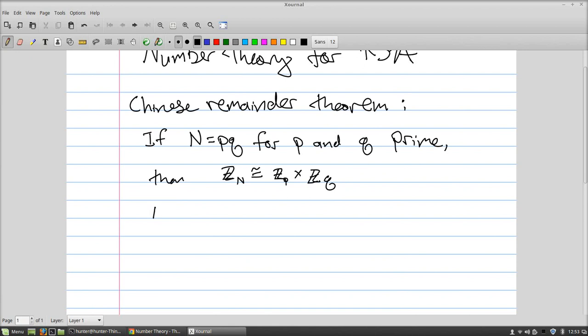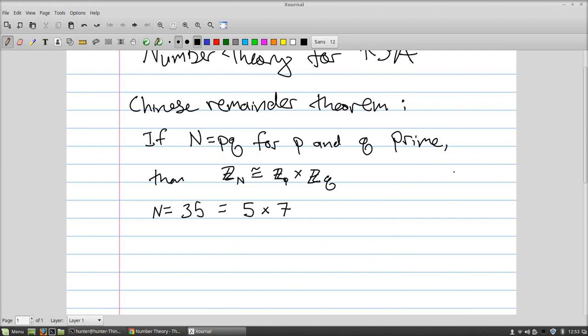So let's try to give an example. Say we're working with n equals, what should we do, 15? Everybody uses 15. Let's not use 15. Let's use 35, okay? So 35 is equal to 5 times 7.